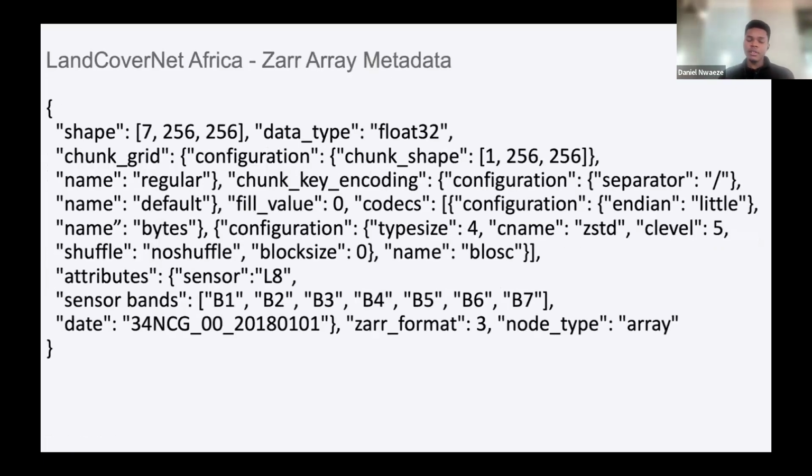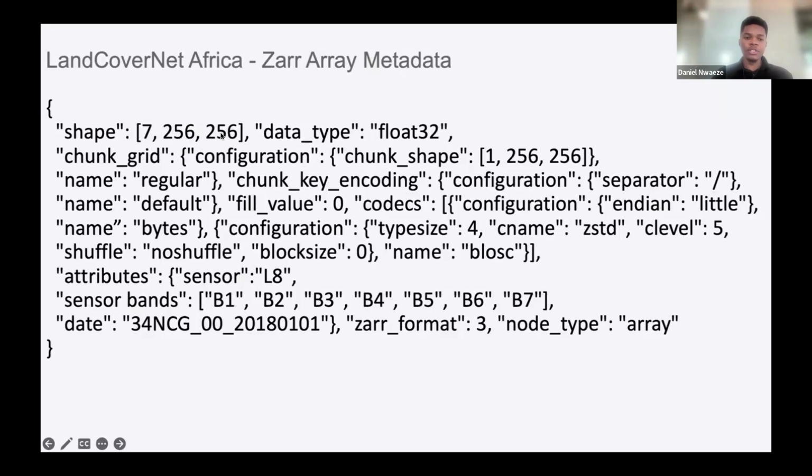And then arrays. So Zarr, remember that we said that Zarr consists of metadata that shows you what the group or what the file is all about. So in this instance, we have an array metadata that shows the metadata of the array pretty much. So it tells you the shape of the array that you're working with.